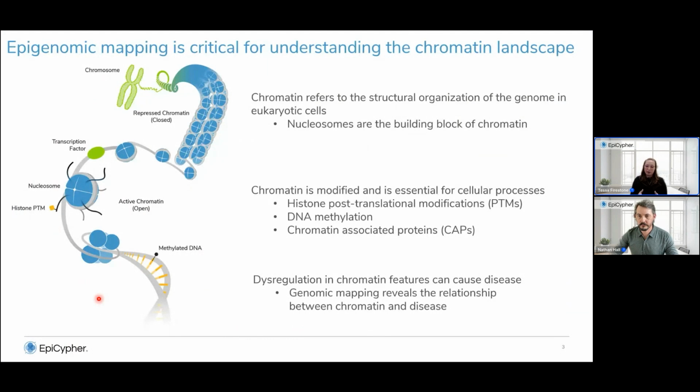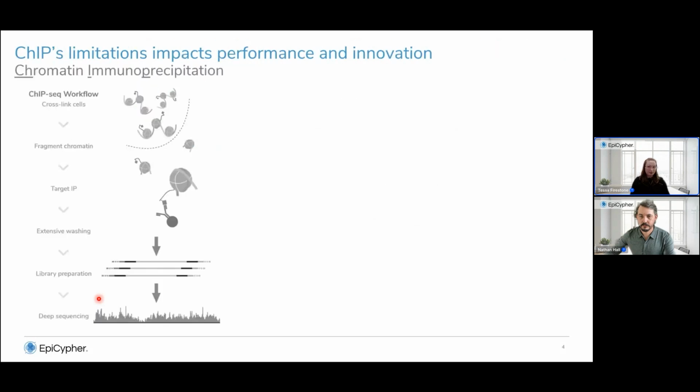This is where genomic mapping becomes a useful tool to reveal the relationship between chromatin and disease. When we talk about epigenomic mapping, we're talking about identifying the chromatin modifications and proteins associated with DNA across the entire genome. Mapping reveals genes that are being repressed or activated in different cells, different diseases, or under various conditions.